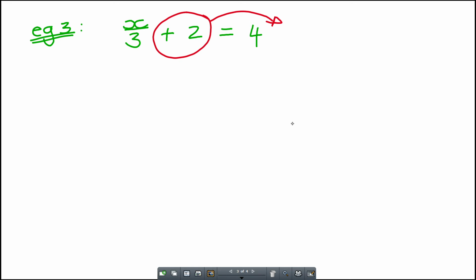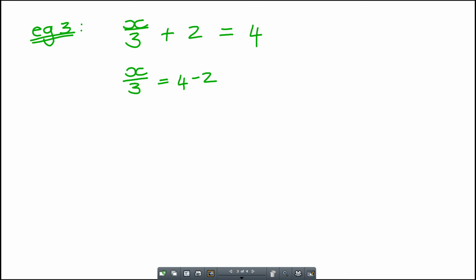So I'm going to say x over 3, so you see it stays like it was, is equal to 4 and then minus 2, meaning x over 3 will be equal to 2. Now let's first talk about that x over 3. That is actually x divided by 3.